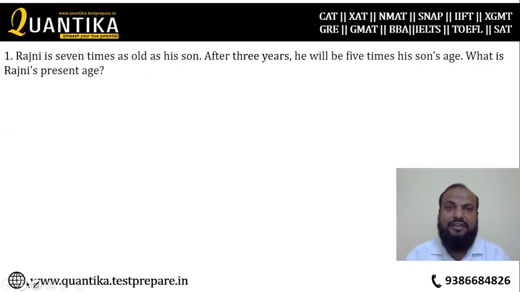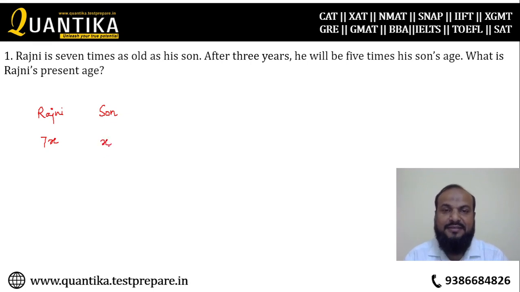This is the exact question I was talking about. Rajni is 7 times as old as his son. To approach this question, you will assume Rajni's age to be 7x. It is 7 times the son's age, right? So assume the son's age to be x and Rajni's age to be 7x.